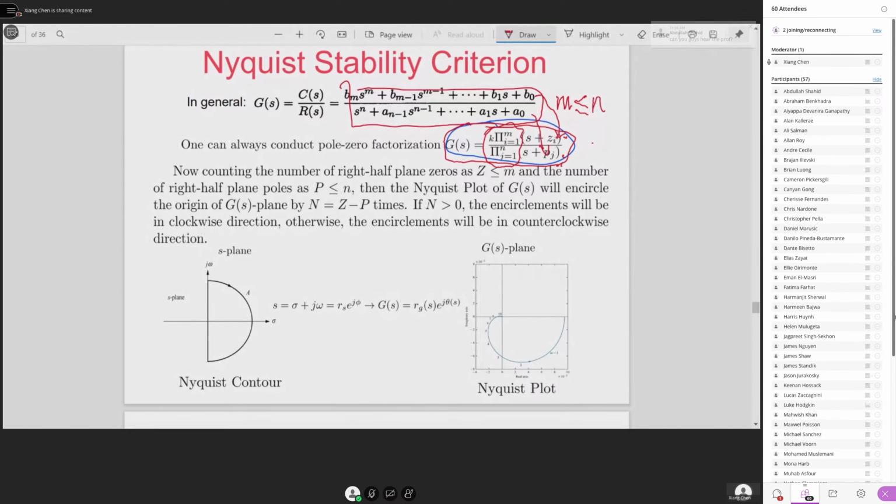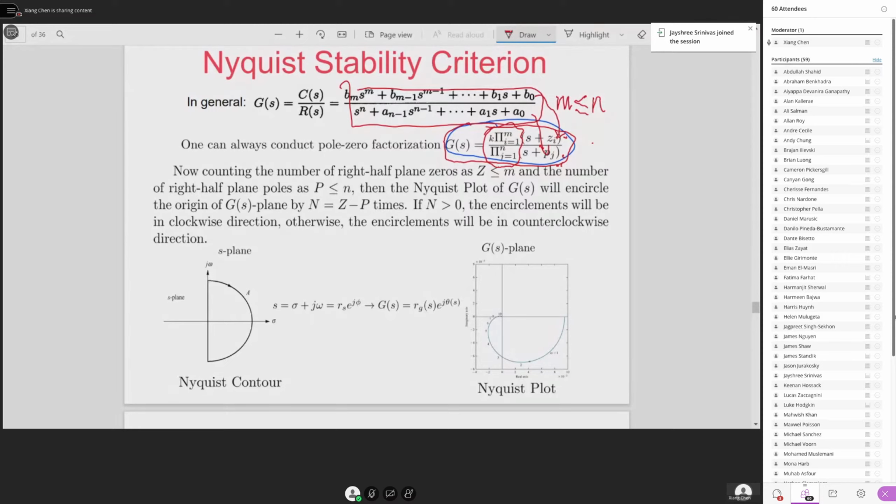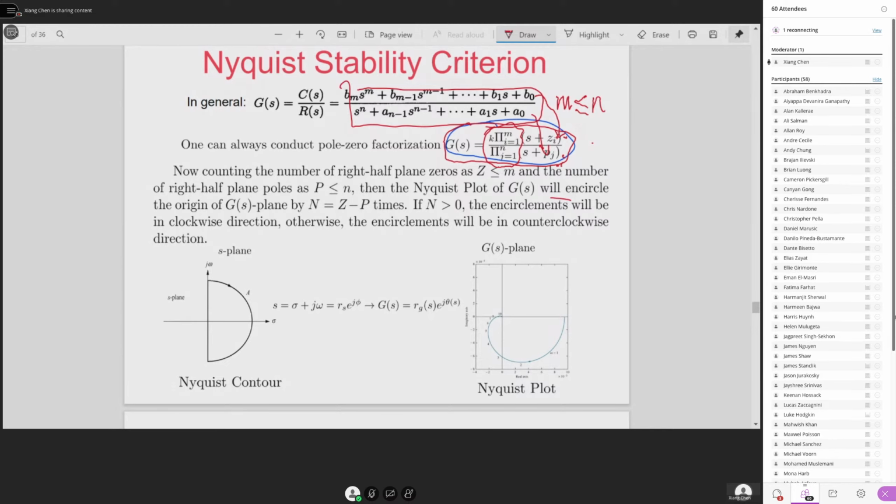Since we have these poles and zeros, it only matters that we count how many zeros are in the right half plane and how many poles are in the right half plane, right?